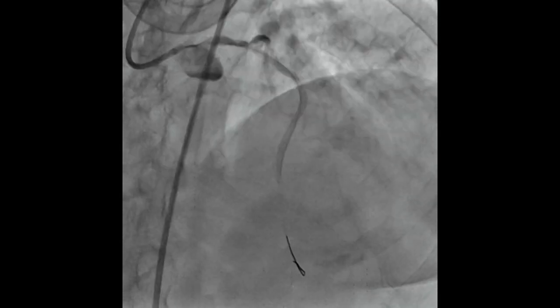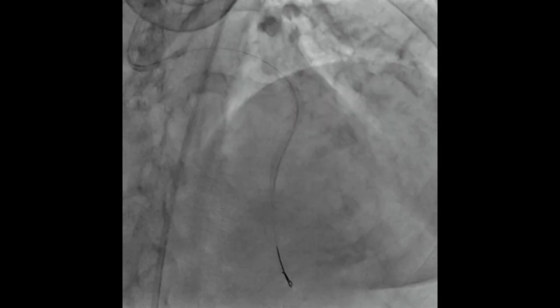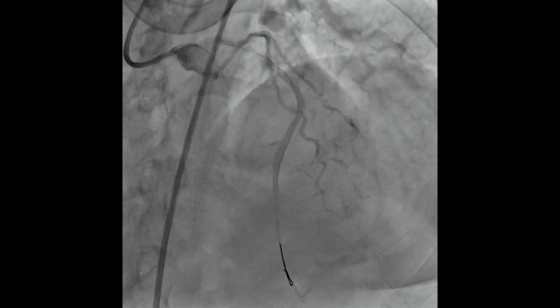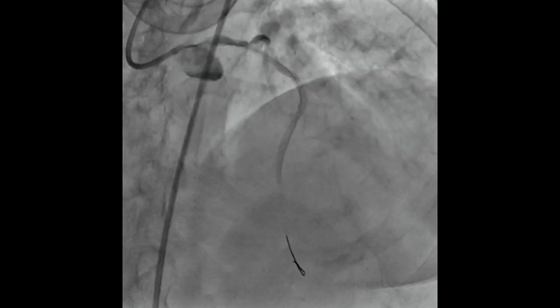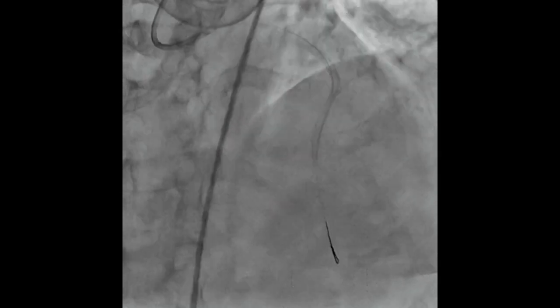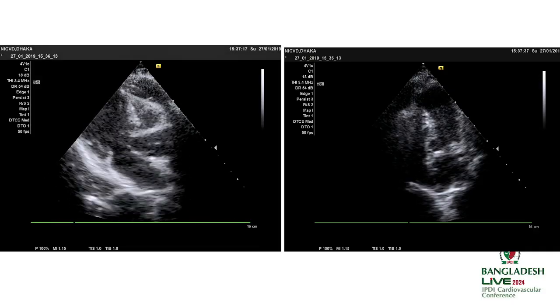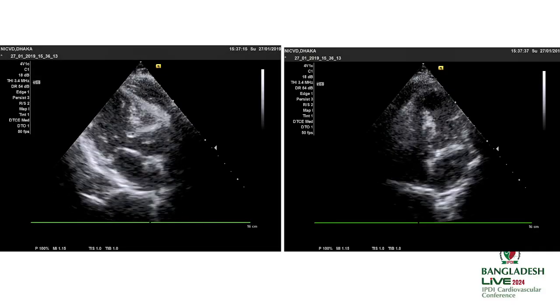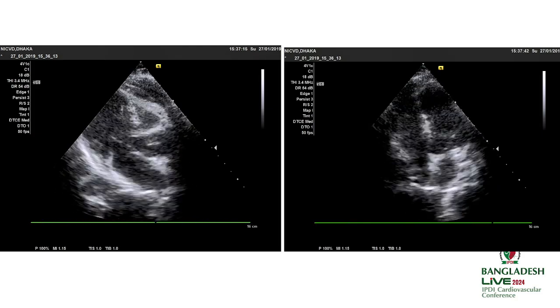But we saw there is some leaking of jet from the distal part of the stent, with persistent staining from the distal part of the stent. So after the deployment of the stent, a perforation happened in the distal part of the stent. The patient was quite stable hemodynamically, and bedside echo showed there is no pericardial tamponade.